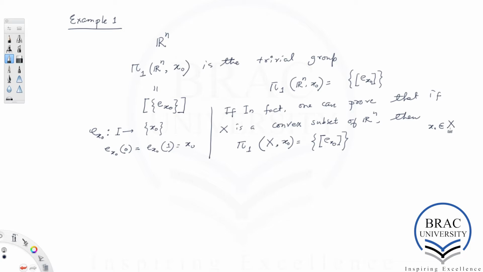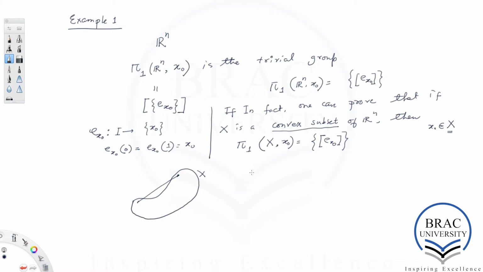By convex subset, we mean that if we take any 2 points in the given subset, then the line joining those 2 points lies entirely in that subset. Intuitively, if your subset is something like this, it is not going to be a convex subset, because if you choose these 2 points, the joining line between them is not entirely contained in the subset, so it's not convex.